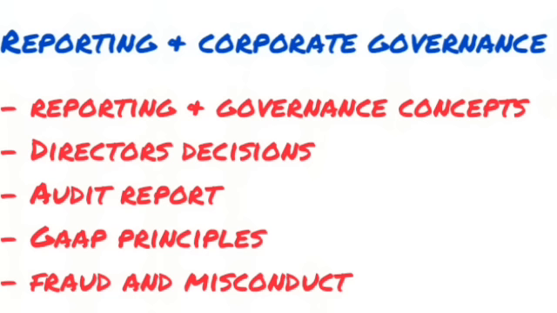You have to be able to comment on directors' decisions, so they will tell you about some decisions made by the board of directors, and you have to be able to talk about them. You have to be able to comment on the audit report. You have to remember your GAAP principles, and you also have to comment and give advice on fraud and misconduct that can be identified in some of the scenarios given to you in your information.